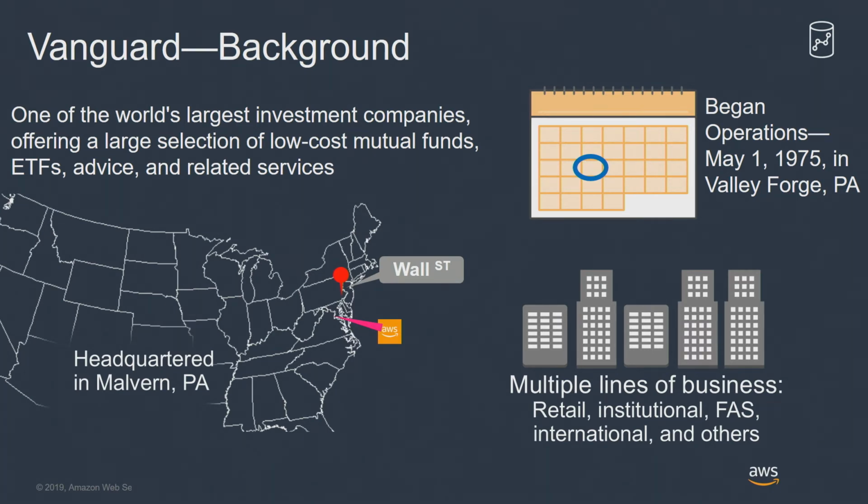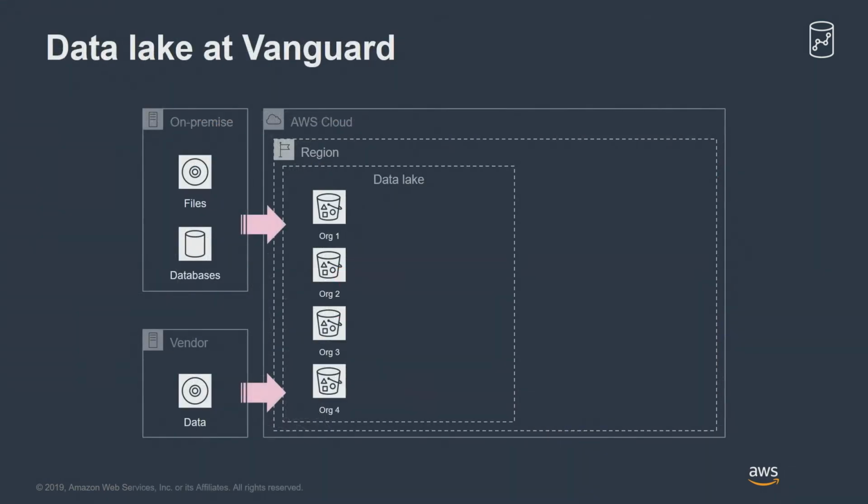As you can see, they got established in '75, East Coast. But they have very interesting cases, especially when it comes to data scientists. They have this philosophy of self-service, ensuring that automation and self-service is at the front of everything they do for data science.